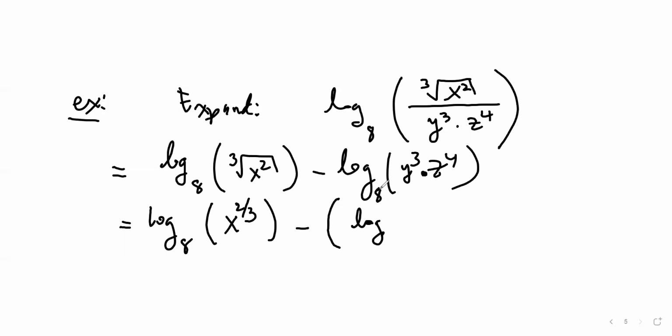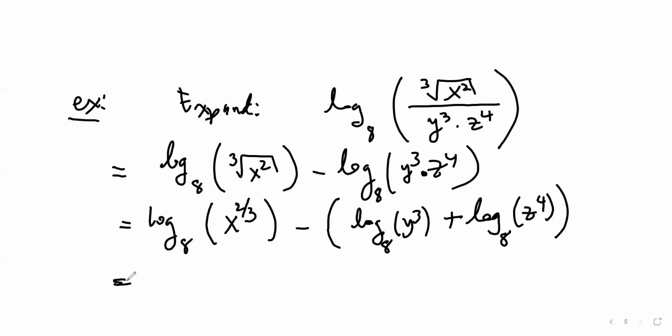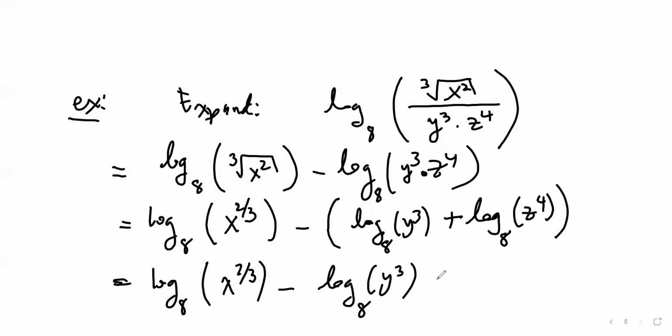So this is log base 8 y cubed plus log base 8 z to the 4. Now I can distribute this minus. So this will be log base 8 x to 2/3 minus log base 8 y cubed minus log base 8 z to the 4.